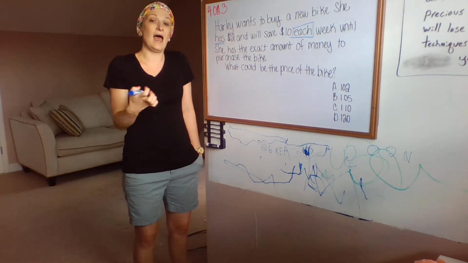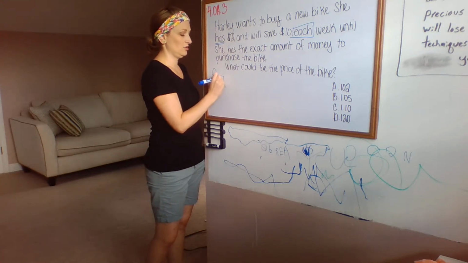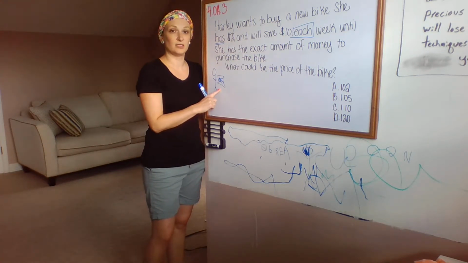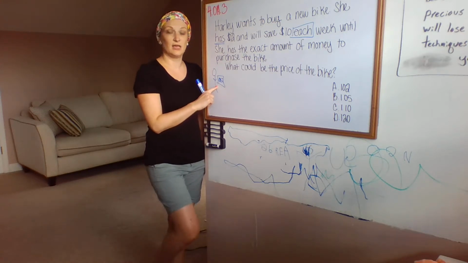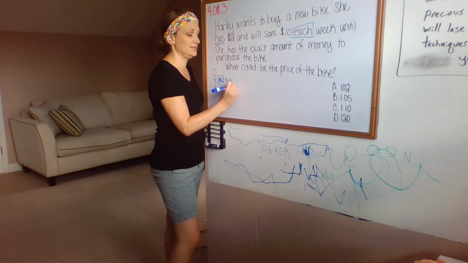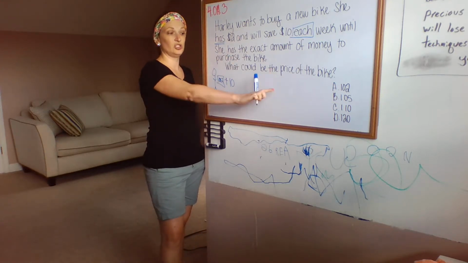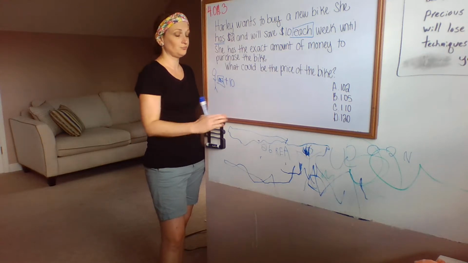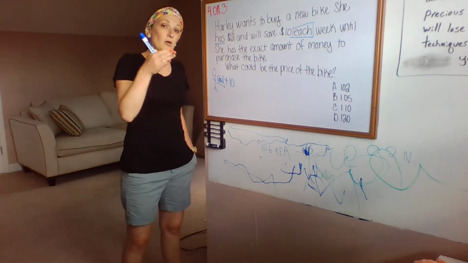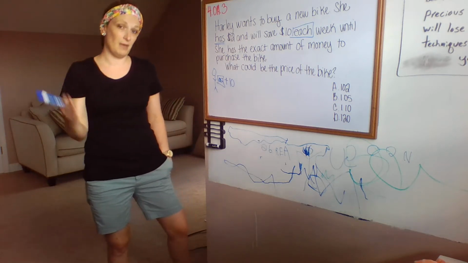She has. So this is her with her $12. So she's got $12 and she's going to add $10 to that each week until she ends up with one of those numbers. So we're kind of listing multiples, listing based on that pattern.